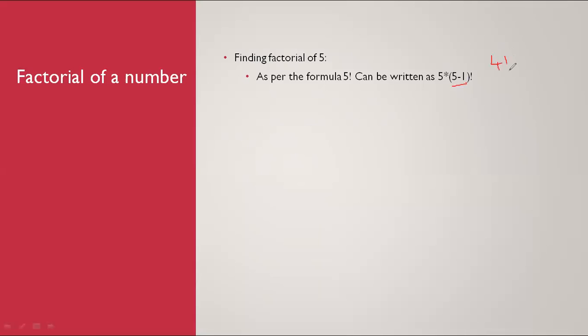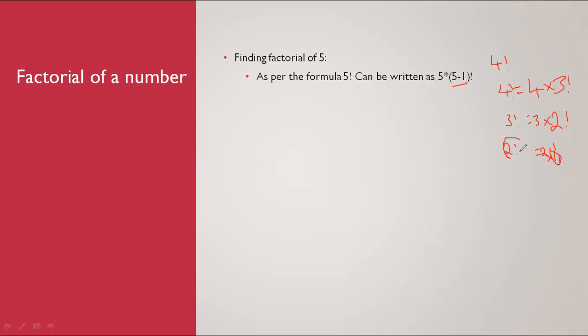It is 4 factorial. 4 factorial can be written as 4 into 3 factorial. Then 3 factorial can be written as 3 into 2 factorial, and 2 factorial can be written as 2 into 1 factorial. And we know that 1 factorial is 1.